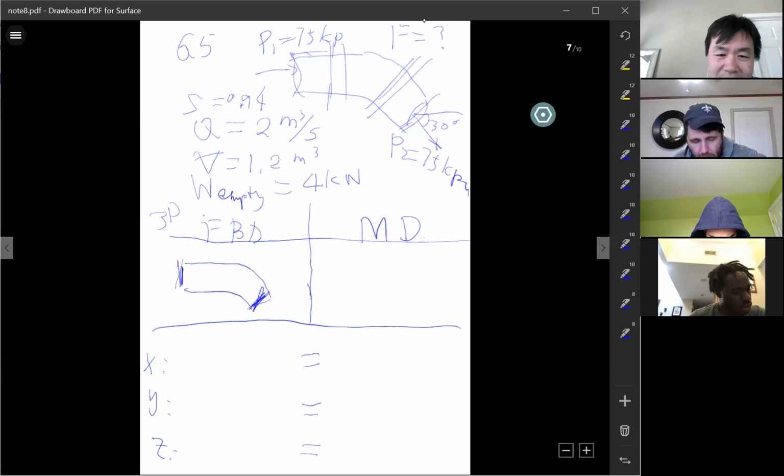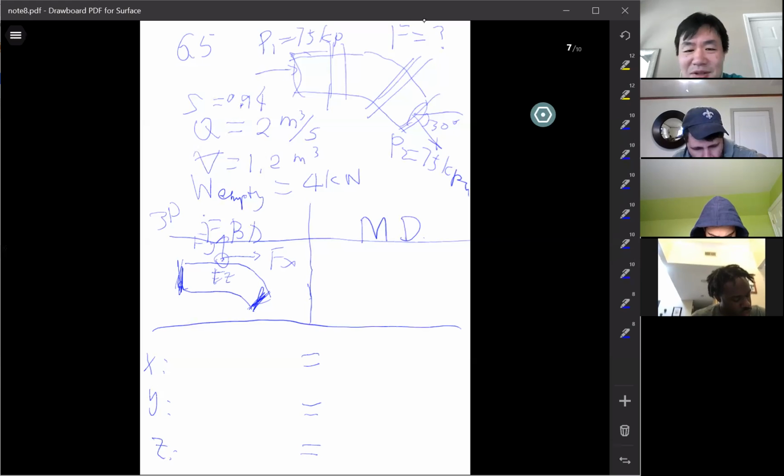Again, what is the first thing? Fx, Fy, Fz. This one is more difficult to decide what the direction is. What is the direction of Fy, can you tell?